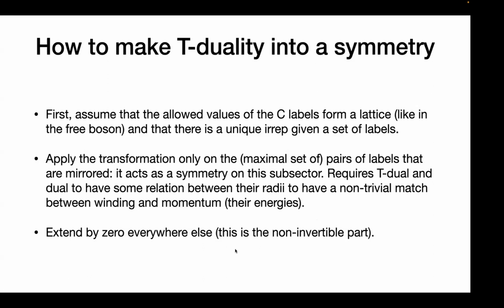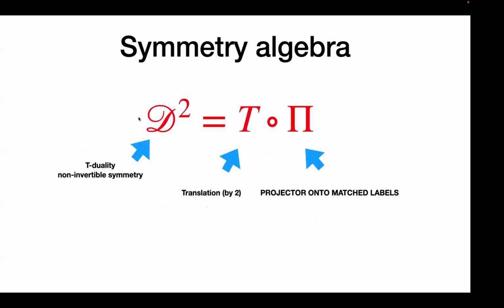So the idea is that the theory and its T-dual need to be related in some way. And if you do that, then T-duality can be converted to something that becomes translation by two, which on the continuum limit becomes the identity operator, and then there's a projector onto matched labels, and this is the typical thing that shows up in these setups.